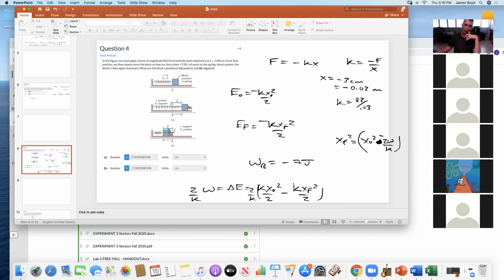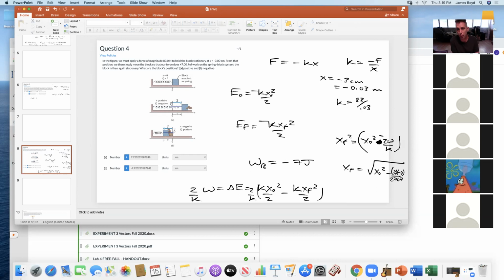I don't know why they did that, but that's the way they worded it. And so your x final ends up being x initial squared minus 2 times minus 7 over K, which I think is like 0.767 newtons per meter or whatever. But you're going to get a positive number in this term.